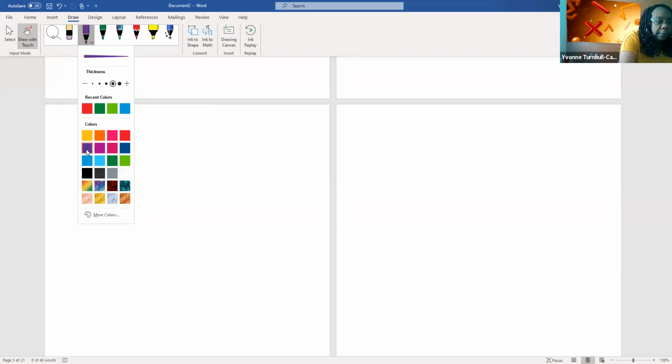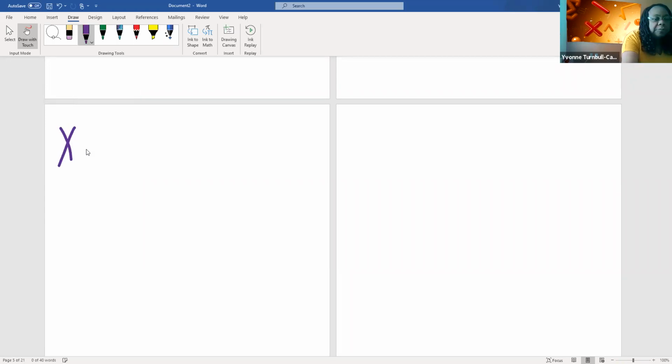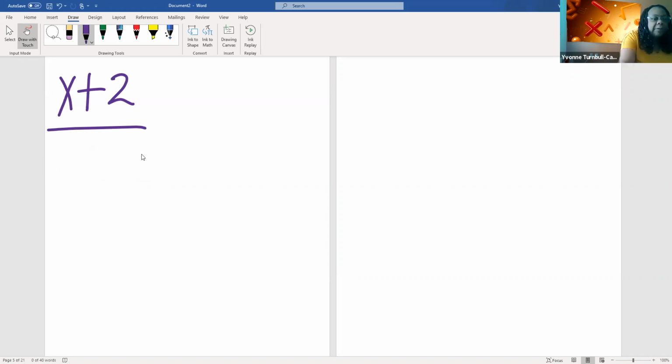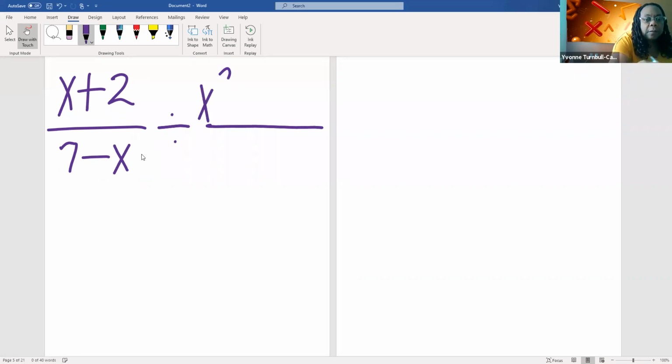x plus 2 over 7 minus x, divided by x squared minus 5x plus 6.